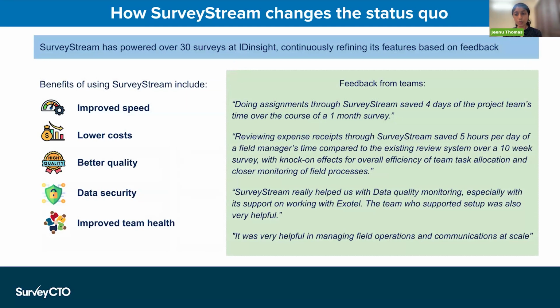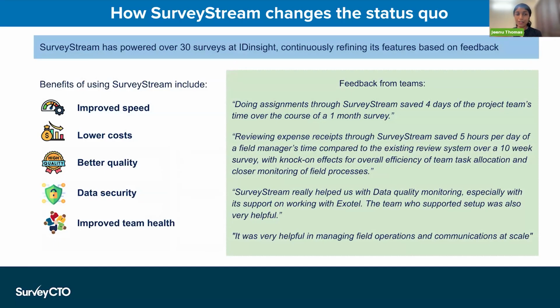Thirdly, there is improvement in the quality because there is now uniformity in the practices. Also the data quality feature, which we mentioned, enables teams to get access to data quality metrics as early in the survey as possible. So that leads to improved quality of the survey.